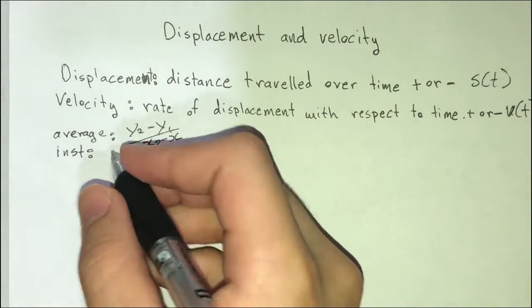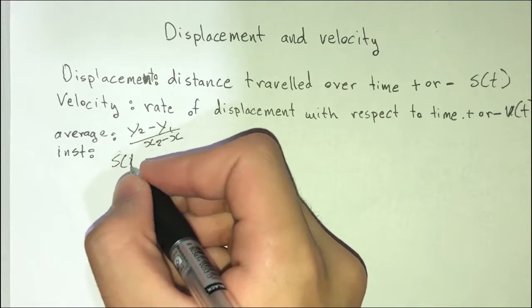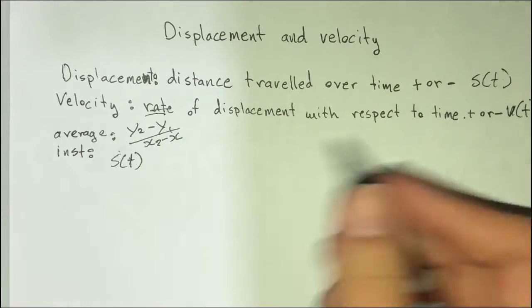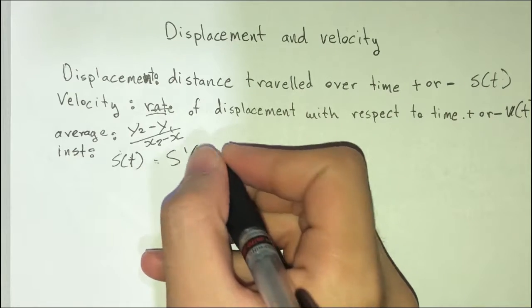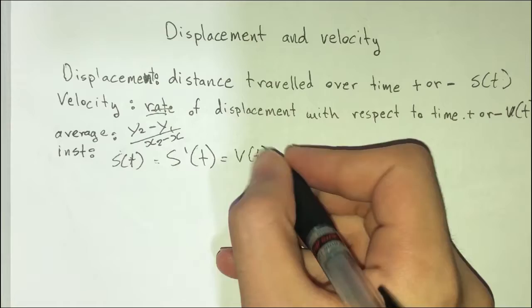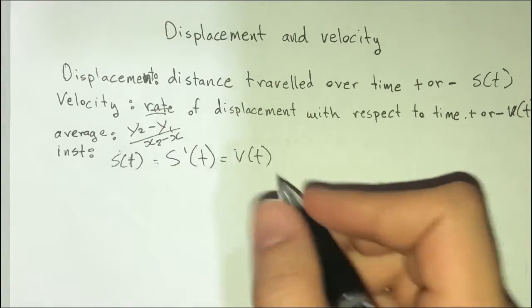And instantaneous velocity is found through the derivation of the displacement, since it is the rate of displacement. So if you derive s(t), the derived form is equivalent to the instantaneous velocity at a certain point in time.